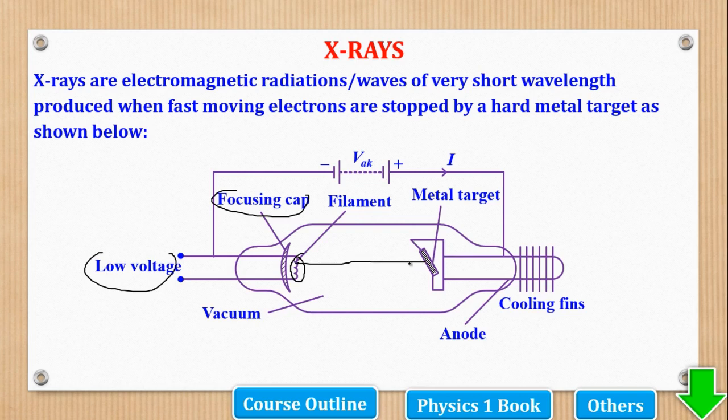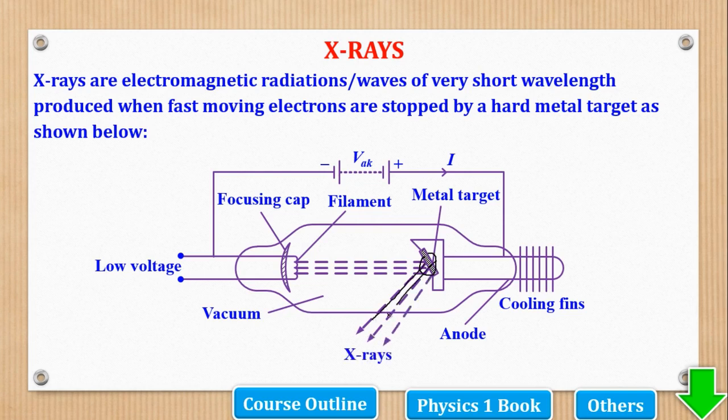When they are stopped by that, X-rays will be produced. They will reach this target, be stopped, and X-rays will be produced. These ones here are fast moving electrons, and these ones are what we call X-rays.